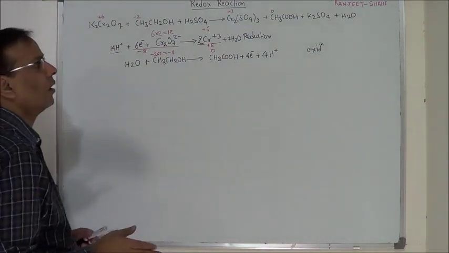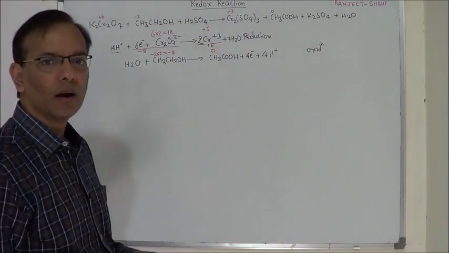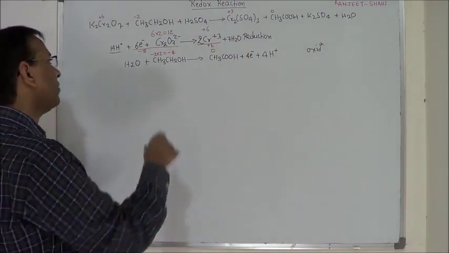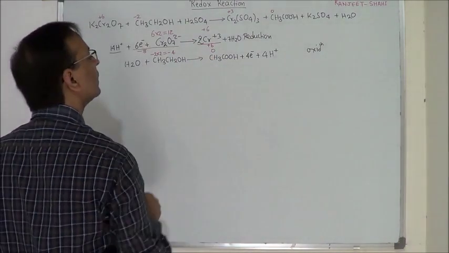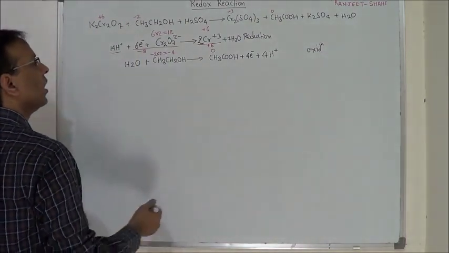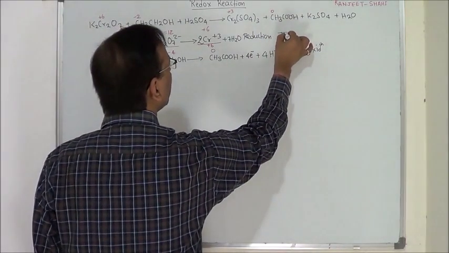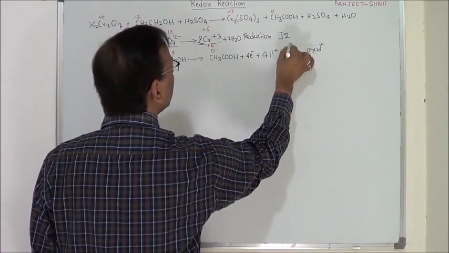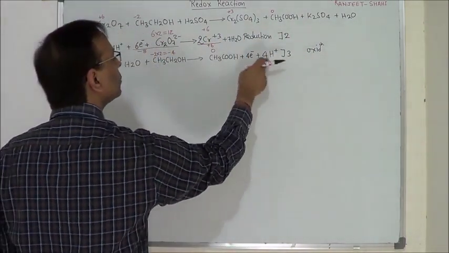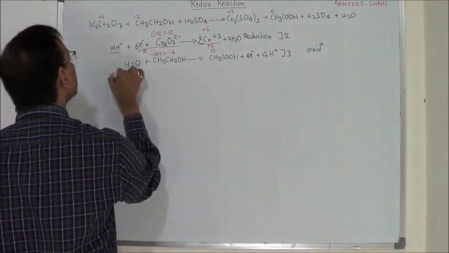Now make the number of electrons equal. We have 6 electron here, 4 electron here. So first reaction will be multiplied by 2, second reaction by 3, 2 into 6, 12, 3 into 4, 12, and then add them.